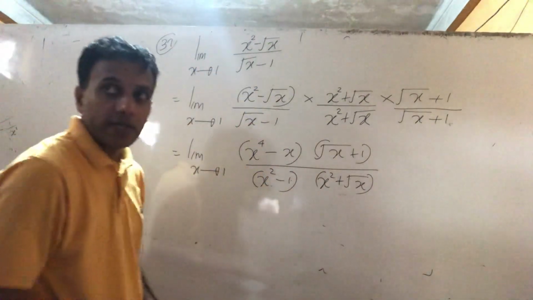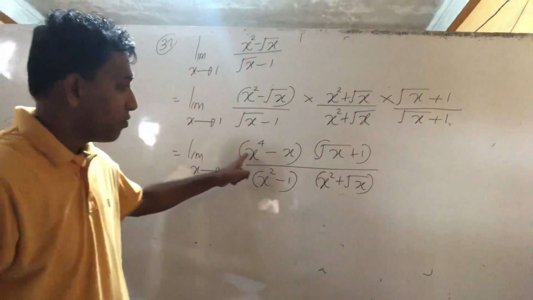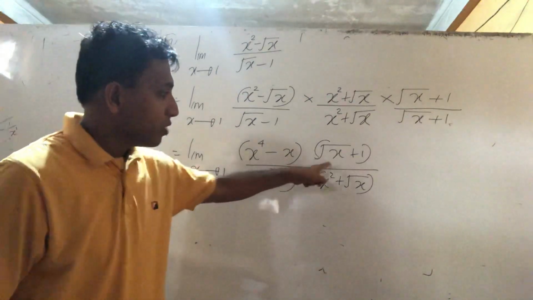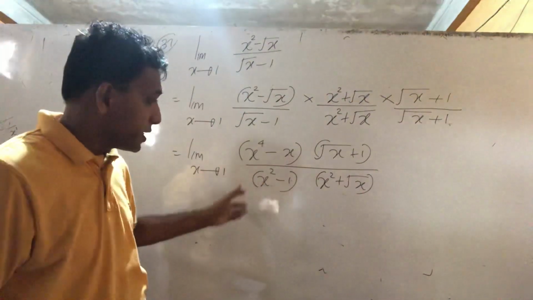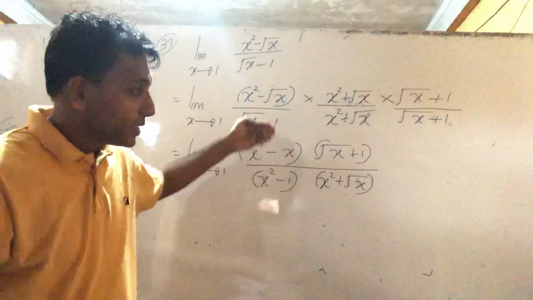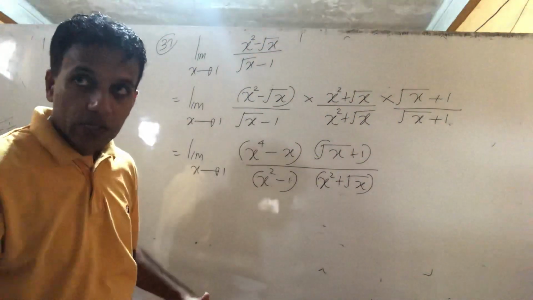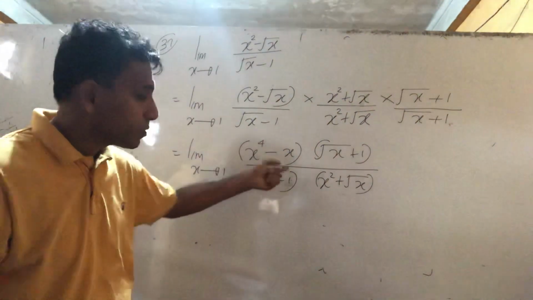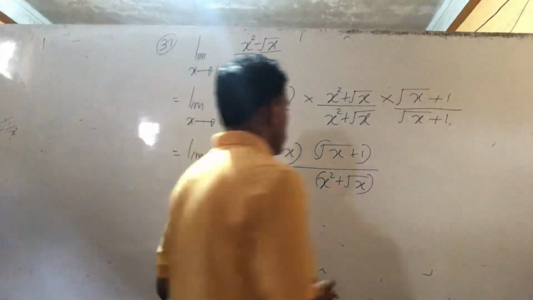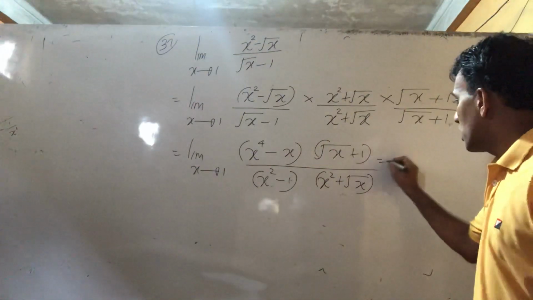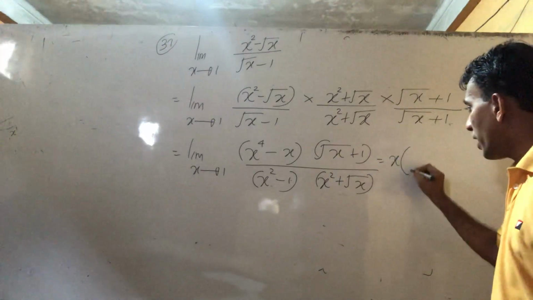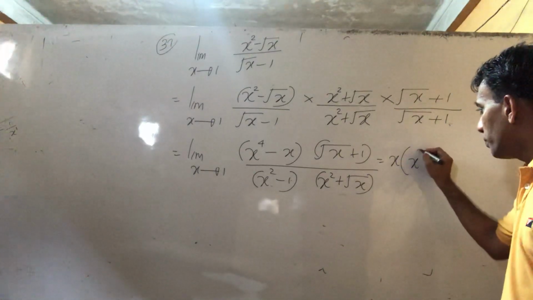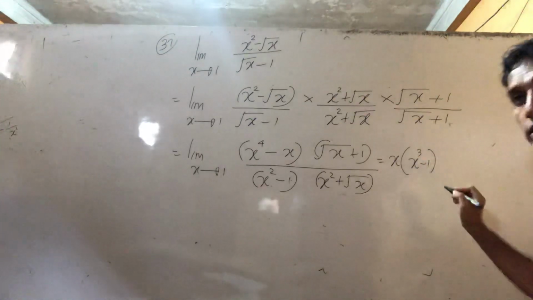So if we apply once again, put x for 1: 1 minus 1 is 0, here 1 plus 1 is 2, above is 0. Check below also 0. 0 over 0, meaningless. So further you can factorize hereafter. Here take the x out. What happened? The remaining is x cube minus 1, right?